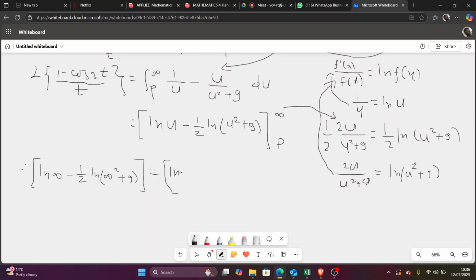So which is ln P minus half of ln P square plus 9. So as you can see here, everything in the upper limit will be infinity, because infinity plus this will be infinity. Whatever outcome we have here should be infinity.